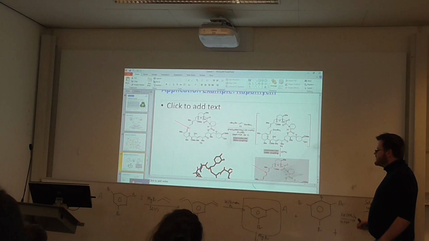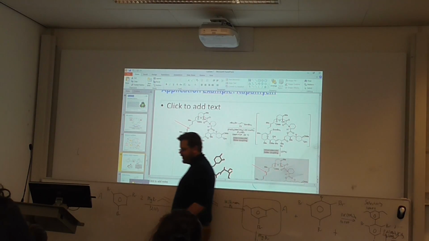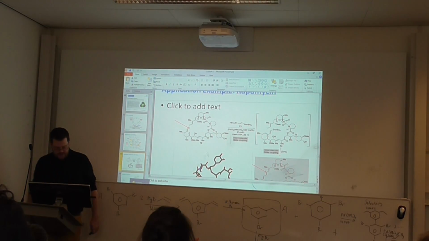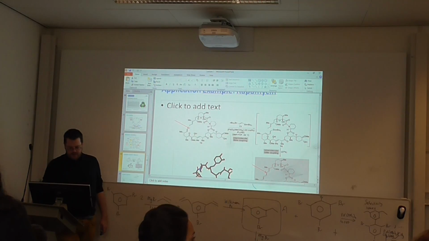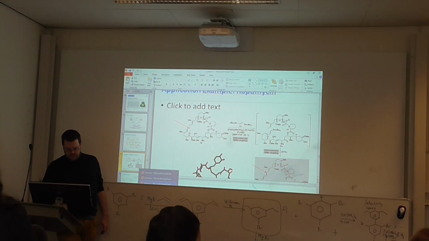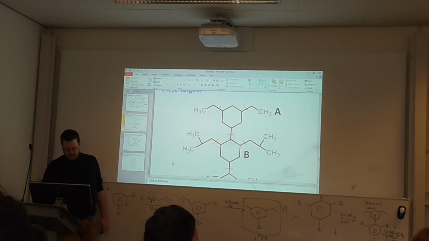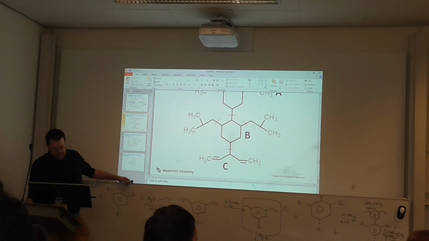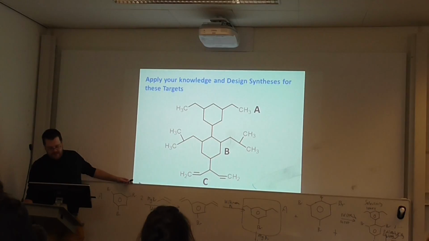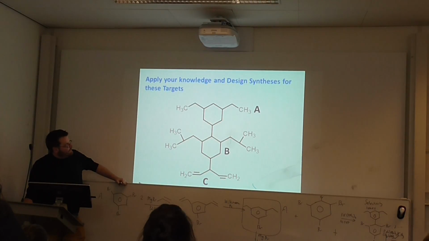So what can we do to get this foot of the molecule in there? Well, would this count as like a terminal element? Exactly. So then we could use an alkyne, so a Sonogashira coupling. Would that work?